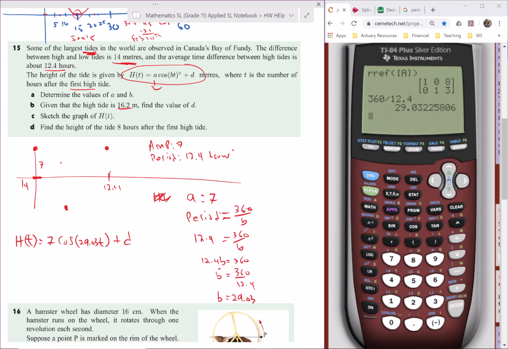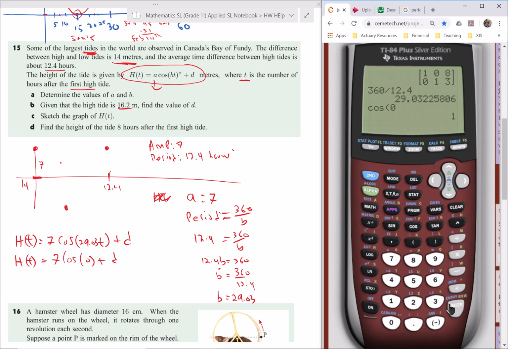So high tide occurs up here at t equals 0. So if I plug in 0, 29 times 0 is just 0. Cosine of 0 is 1, but if you need to do that on here, you can. Cosine of 0 is 1.